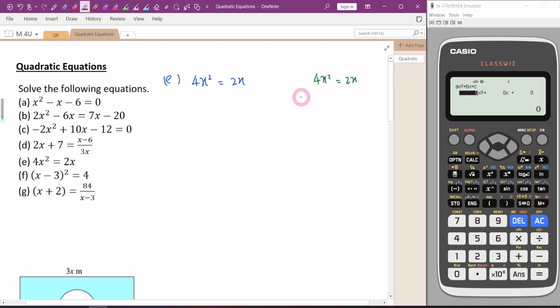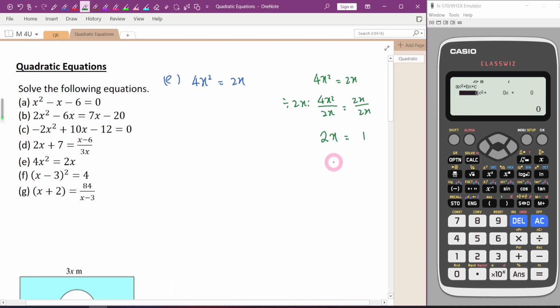If I divide this whole equation by 2x, let me show it this way. Divide this whole equation by 2x. 4x squared divided by 2x, 2x divided by 2x. 4 divided by 2, you get 2. And x squared divided by x, you will get x.